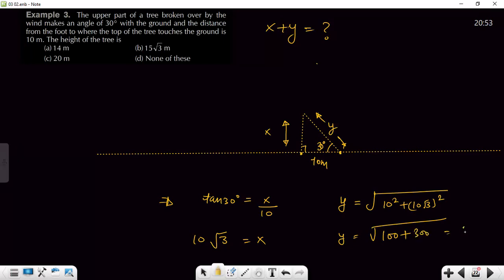Square root of 400 becomes 20. Okay. This is 20. This is ten root 3. Simple answer becomes ten root 3 plus 20, which is not in the options. Option D is the correct answer.